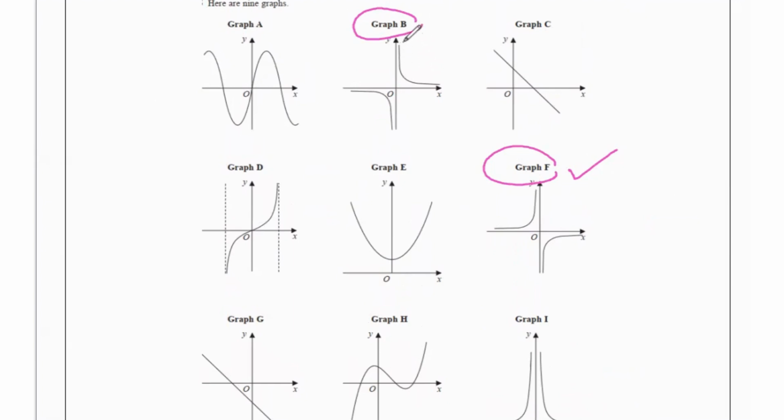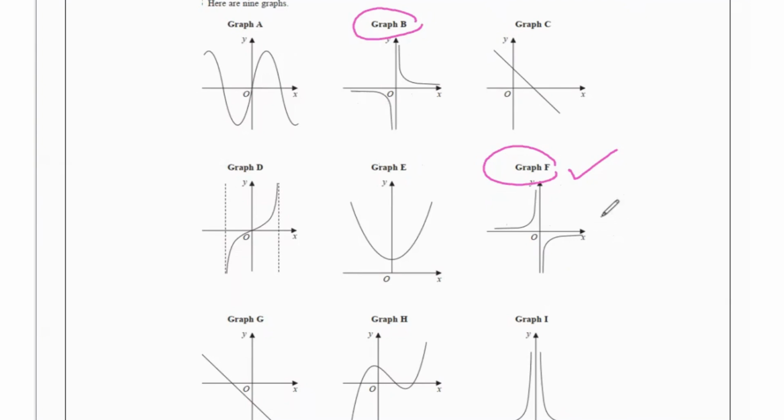In graph B, we can see that in the first quadrant, both x and y are positive, whereas in the third quadrant, both x and y are negative. When they're both negative, when you multiply them, it becomes positive. Whereas in graph F, if y is positive, x is negative, and when x is positive, y is negative. So your overall function will always be negative.